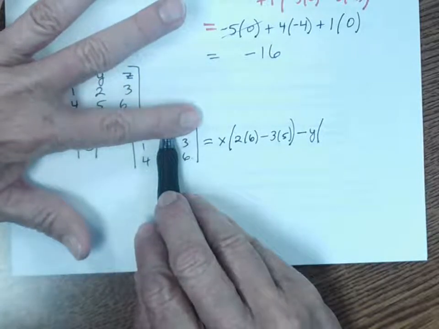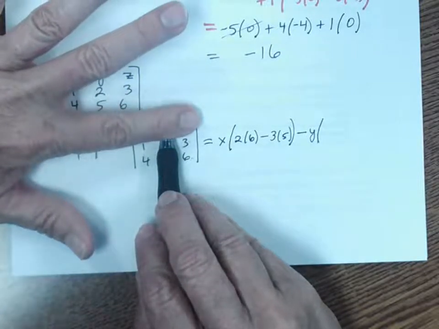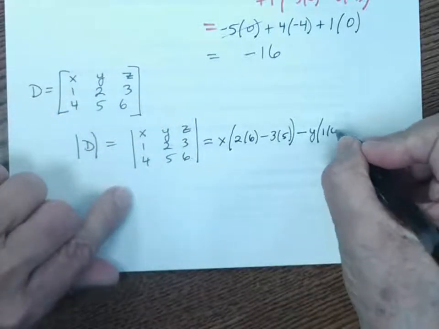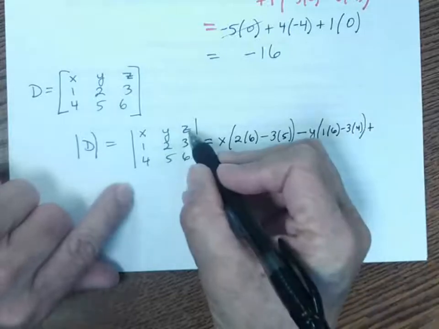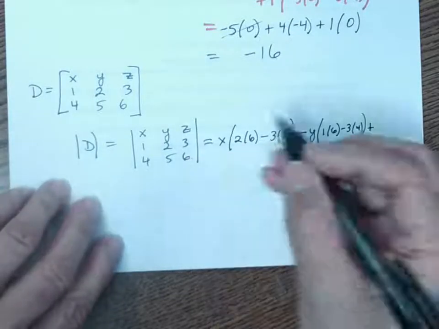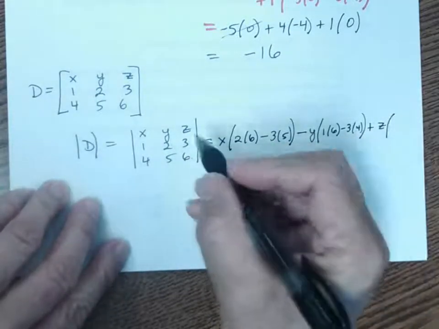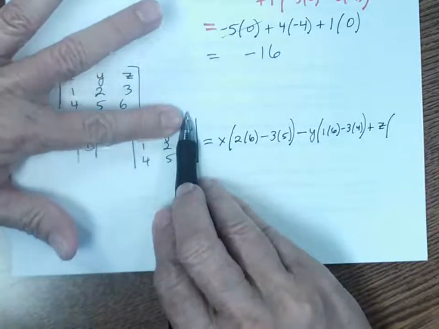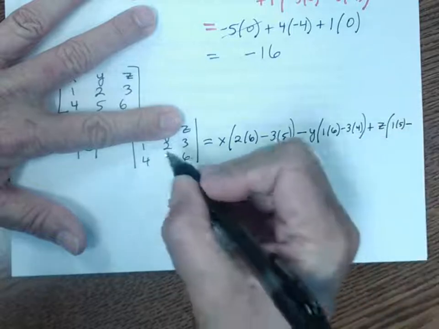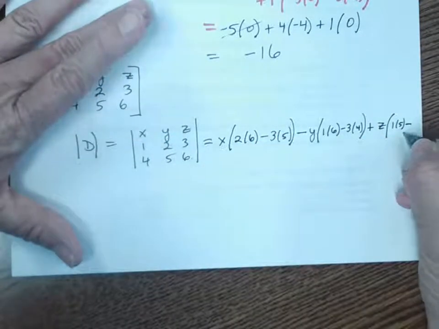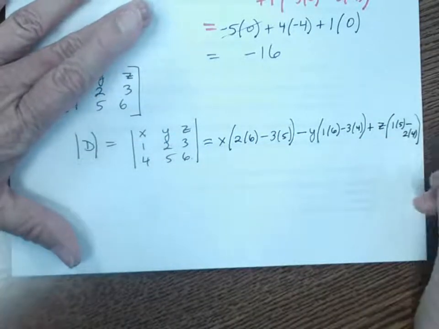So we're going to have 1 times 6 minus 3 times 4. Plus the last term on the top row, Z, times, cover that, and we've got our 2 by 2 matrix, so 1 times 5 minus 2 times 4. Sorry, I ran out of room right there.